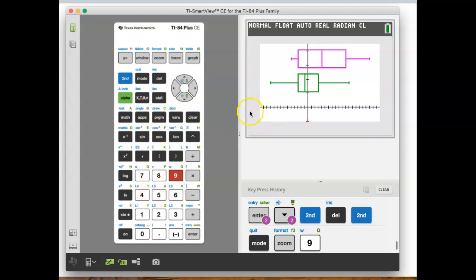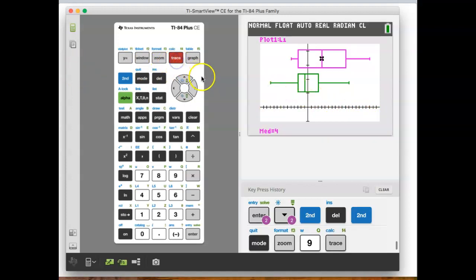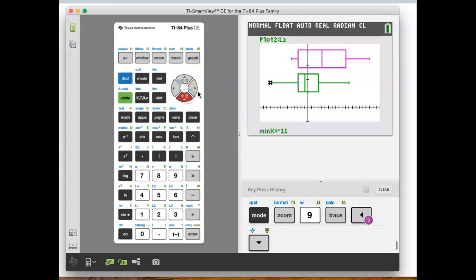So again, what you need to include is sketch those out, and you're going to draw an x-axis below. You're going to label it with, in this case, reduced blood pressure. And then you're going to give it a sense of scale, and you can do that by hitting trace. And I would just label the 5-number summary along the x-axis.